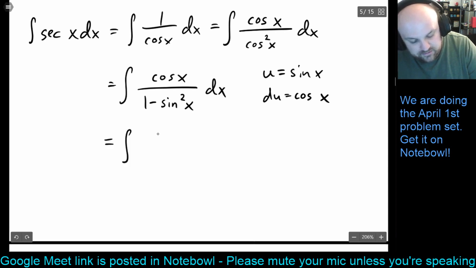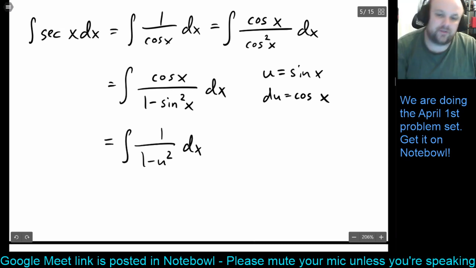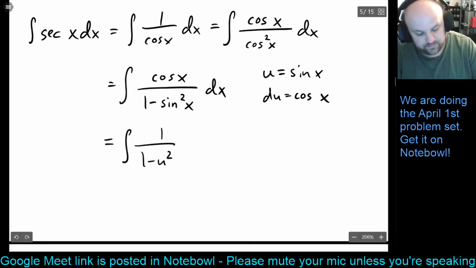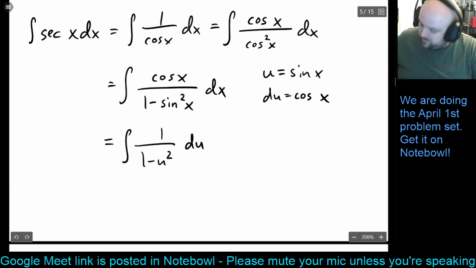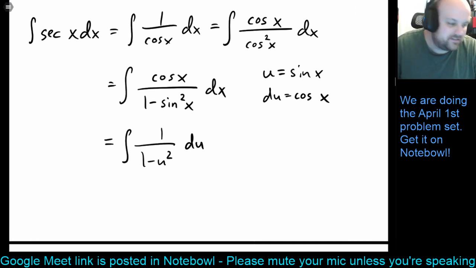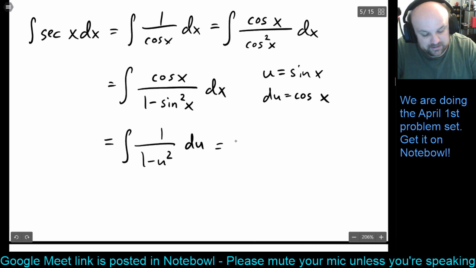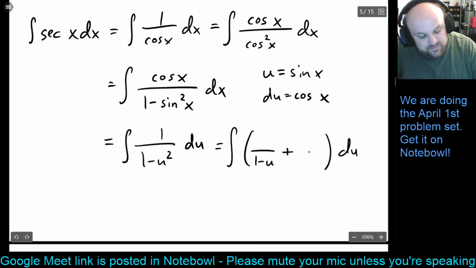Turns into integral 1 over 1 minus u squared du. But now this one, to integrate something like this is a technique we haven't talked about, but what we can end up doing is we can split this like this.